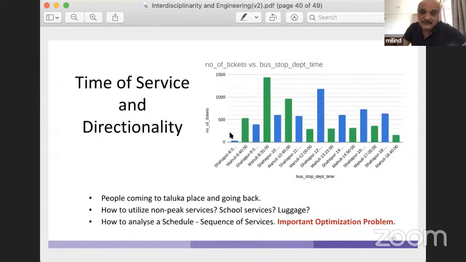There are many other interesting things also to note. If I apply the Kirchhoff current law, how many people have left Shahpur and how many have come into Shahpur? You will see that more tickets are sold from Shahpur to outside than from outside to Shahpur. Now, why is that?